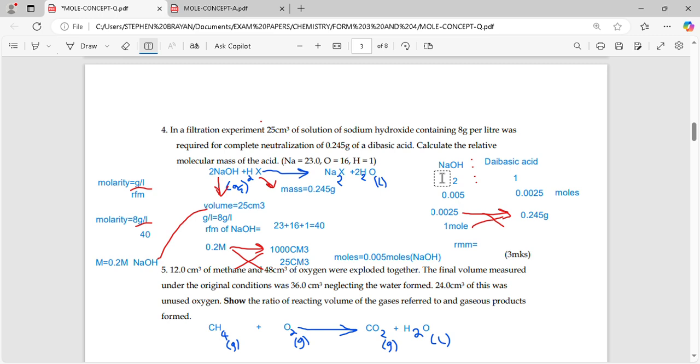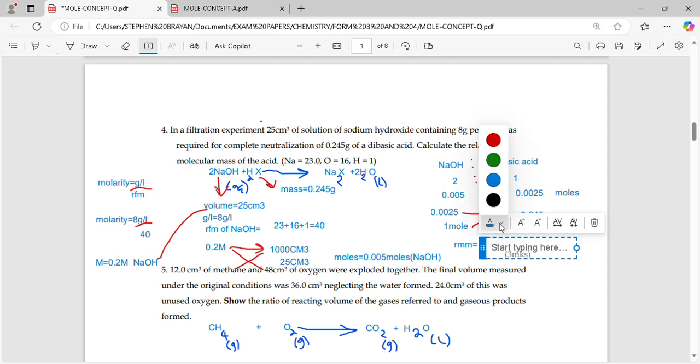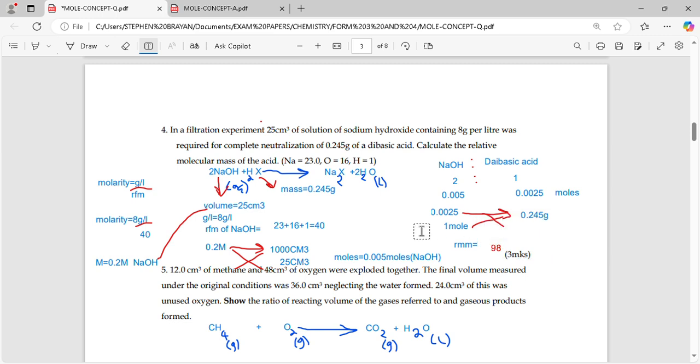When you work that out, learners, you're going to get that your relative molecular mass in this case is equal to 98. That is now your relative molecular mass, and this can even be in grams, but 98 is just okay.